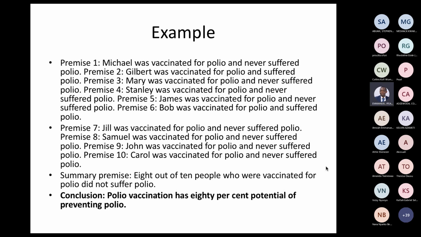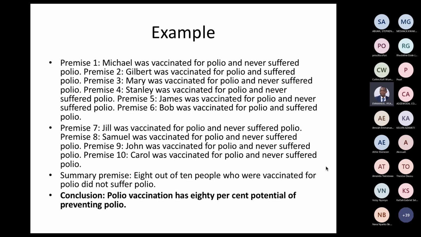Mary was vaccinated for polio and never suffered polio. Stanley was vaccinated for polio and never suffered polio. James was vaccinated and never suffered. Bob was vaccinated and suffered it. Jill never suffered it. Samuel never suffered. John never suffered. Carol never suffered.